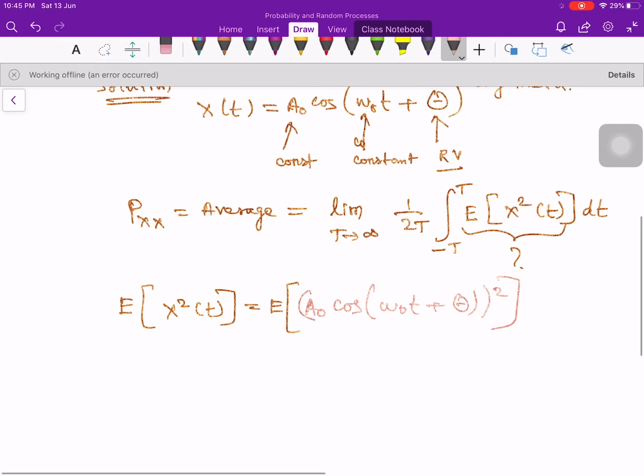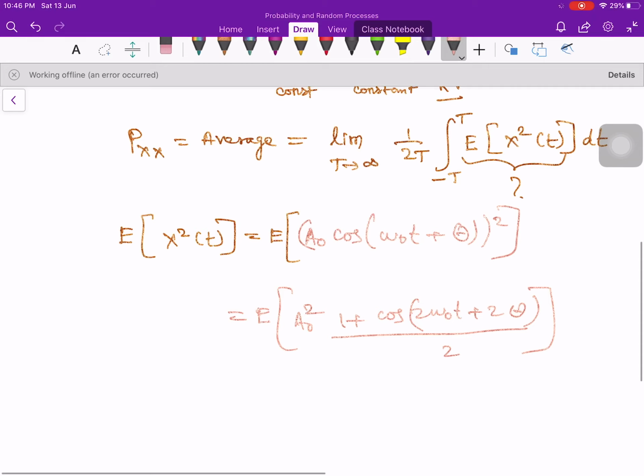So this you can expand, A naught squared cos squared, and you can again simplify that, that is 1 plus cos of 2 omega naught t plus 2 times Theta, whole divided by 2.